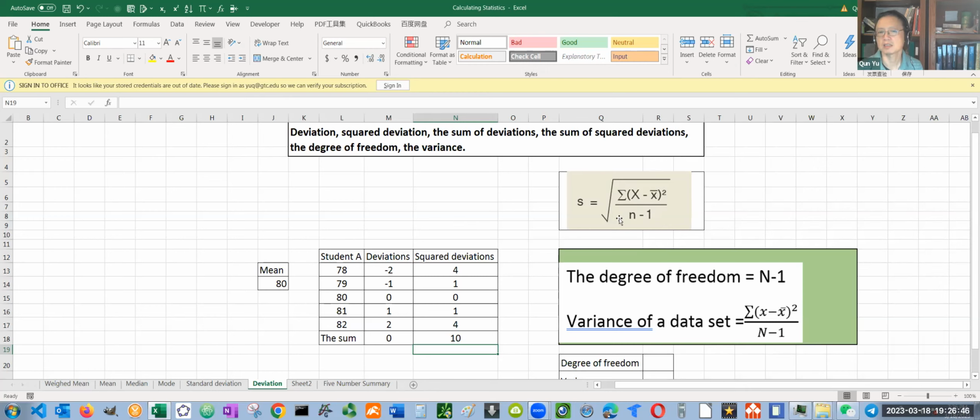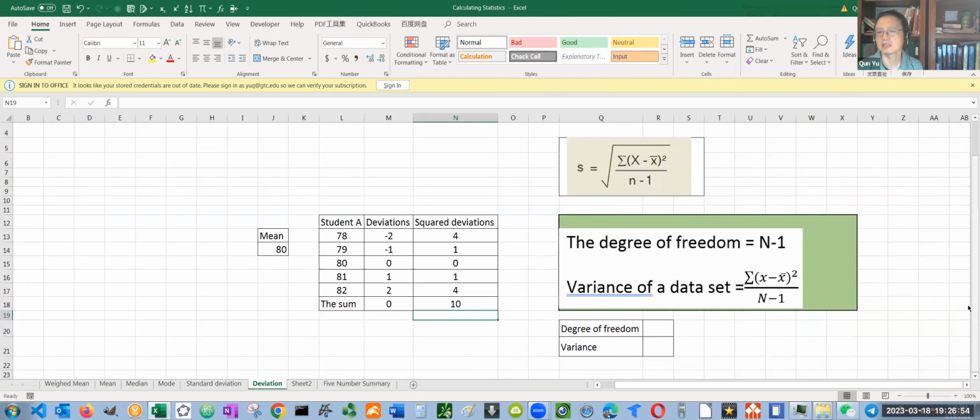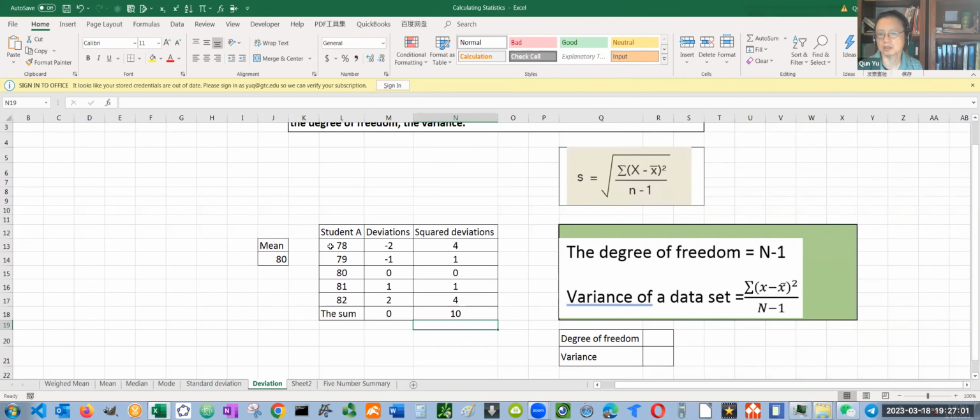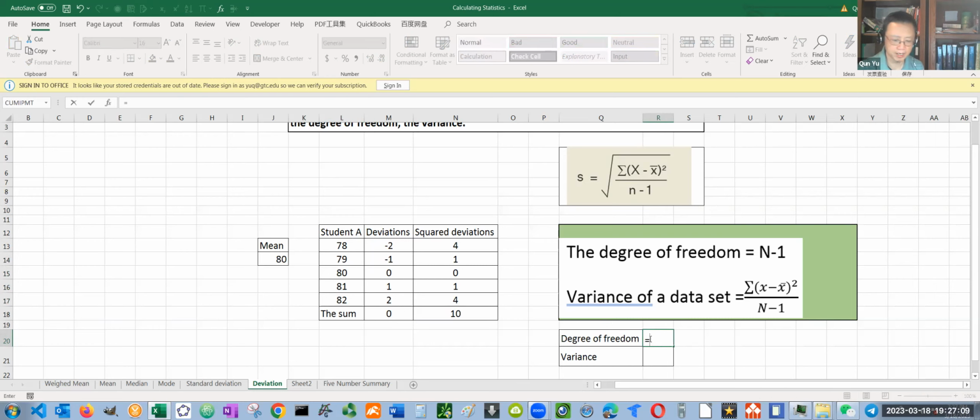So for us, the degree of freedom refers to this n-1 part in this formula. So what is n then? N is how many numbers you have in your data set, your data points. So for us, we have 5 numbers here. So our n equals 5. So this is going to be equal to 5 minus 1, because n equals 5. We know that's 4, right?